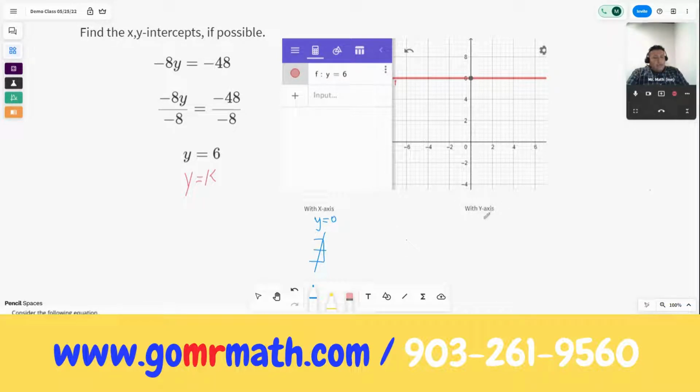Same thing for y-axis. When I want the intercept for the y-axis, I assume x is equals to 0. Okay, when x is equals to 0, my intercept with y-axis is actually 6, right there, where it's cutting through the y-axis.